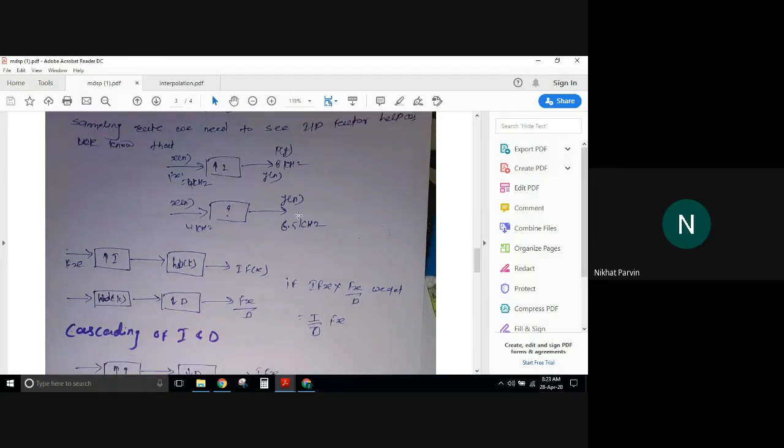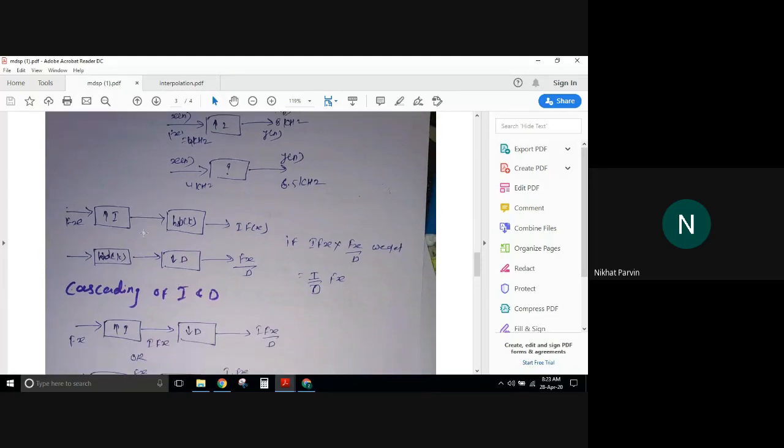That means here what we need is we can use upsampling and downsampling, and then we will get the I by D factor, which will give the result like this. There are two ways to do so. Either you use interpolation first followed by decimation, or you use the decimation block first and then followed by interpolation.